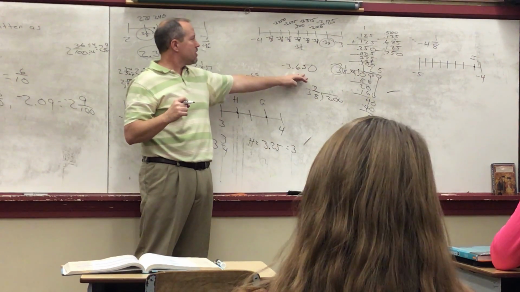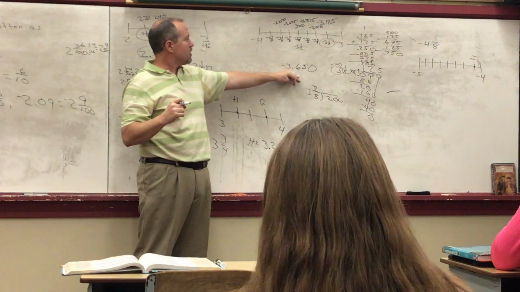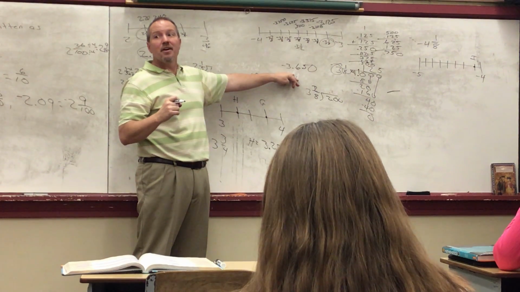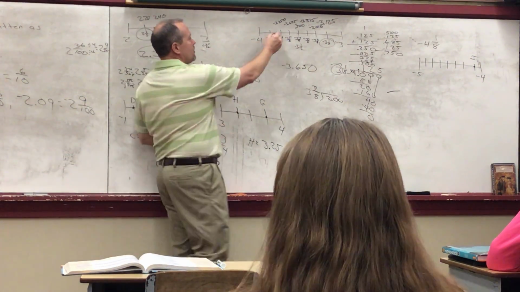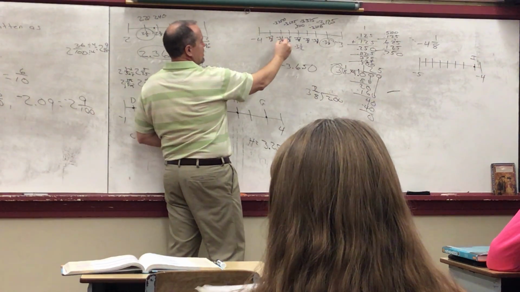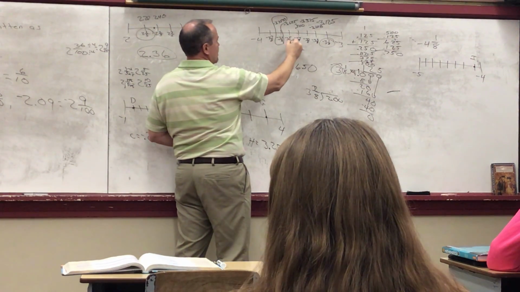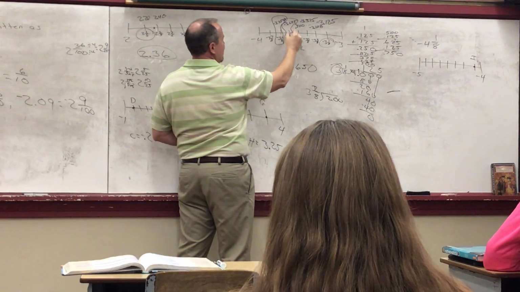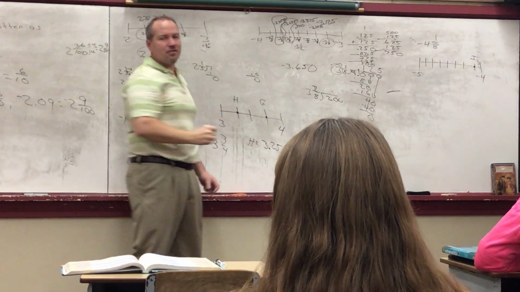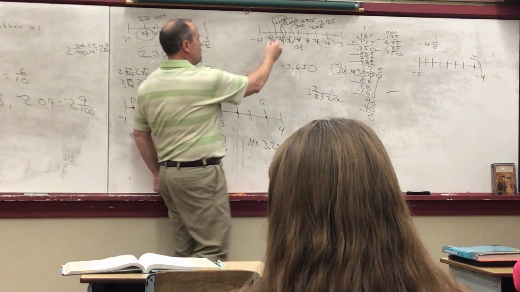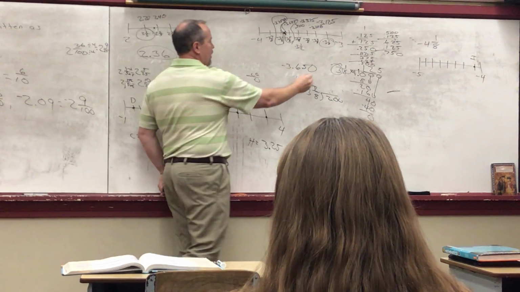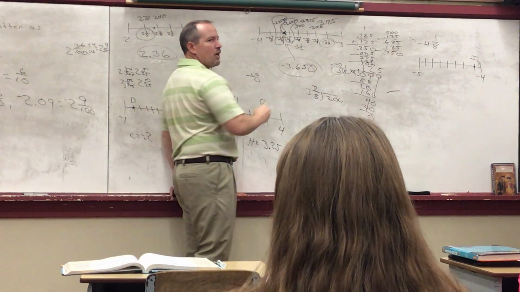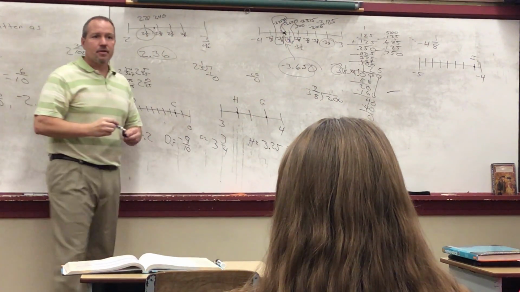Between -3 and 5/8 and -3 and 6/8? Between these two? Yeah. Okay. Wait, no. The 6 and the 7, that's what I meant. It would go between these two fractions. Somewhere about in the middle. Okay? And so that's where this one would go.